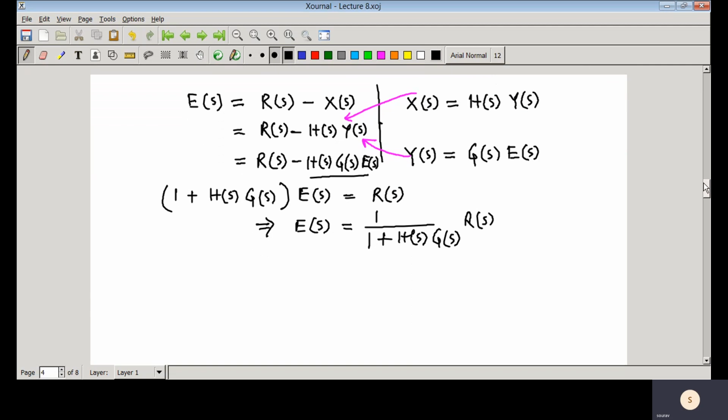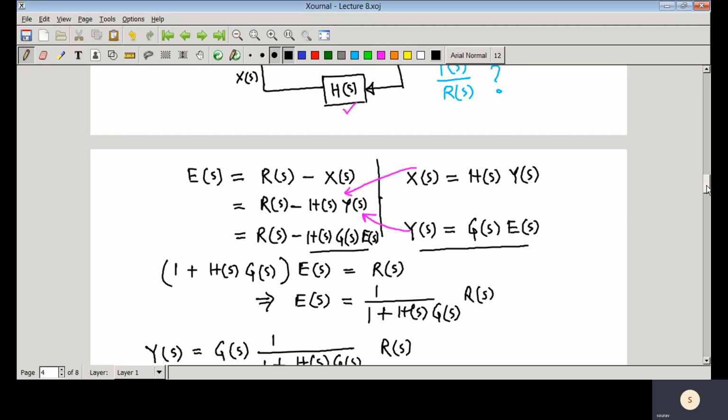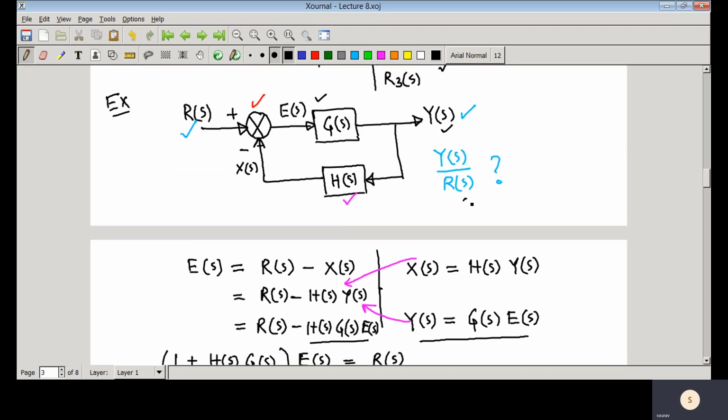So then what is your Y(s)? You can see here that Y(s) equals G(s) into E(s). So that is 1 by 1 plus H(s) G(s) into R(s). So what was our objective? Our objective was to find Y(s) by R(s).